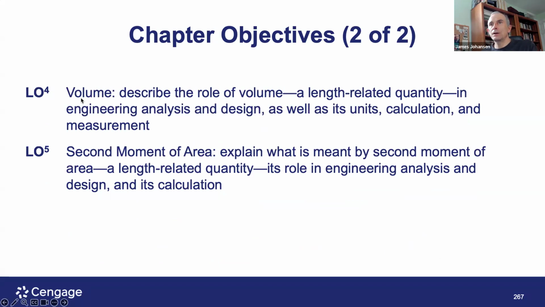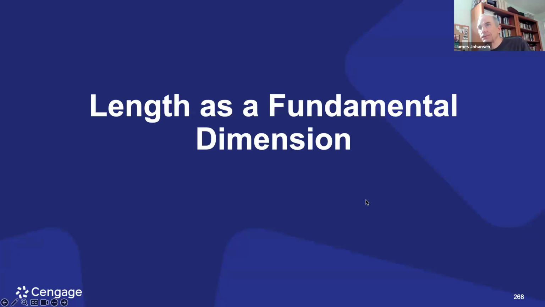And finally, we have volume: describe the role of volume, a length-related quantity, in engineering analysis and design, as well as its units, calculations, and measurements. Finally, we'll get into this topic called second moment of area. And there's also another phrase that is used, and I'll explain that in a little bit, and explain what is meant by a second moment of inertia, a length-related quantity, its role in engineering analysis, design, and calculations.